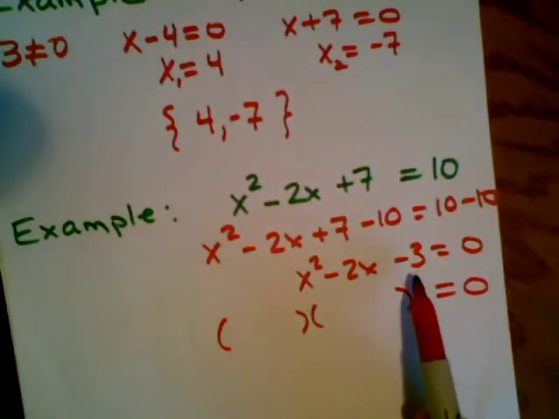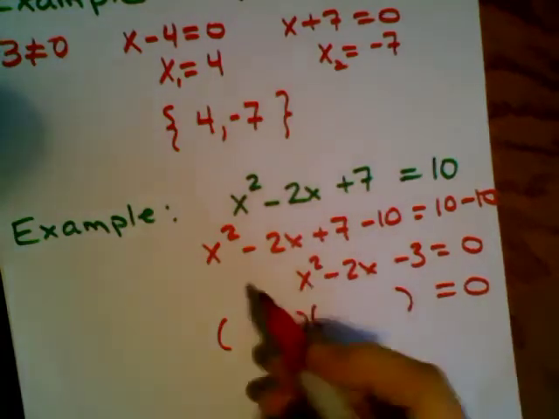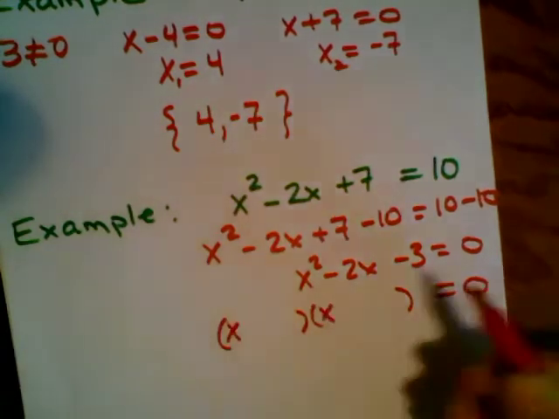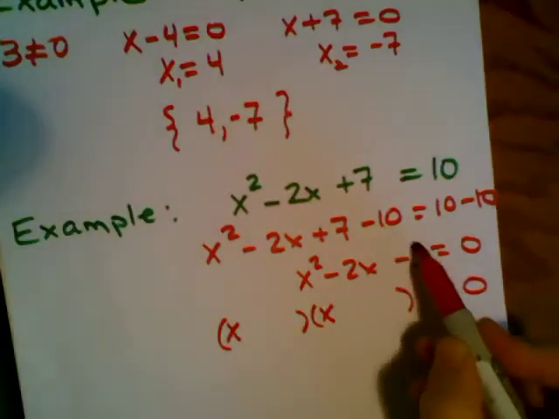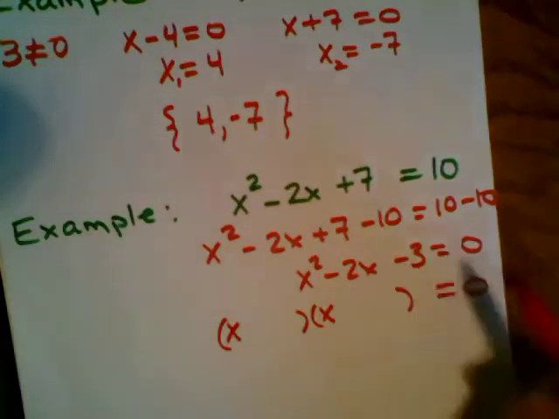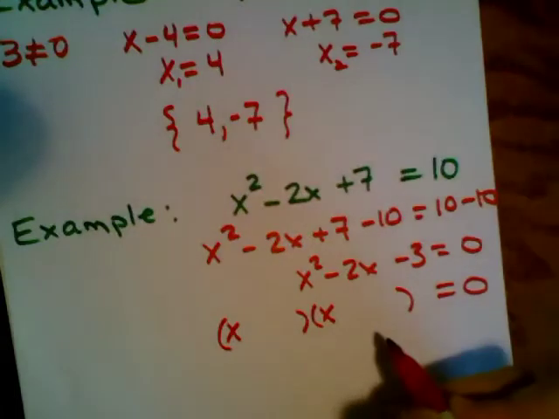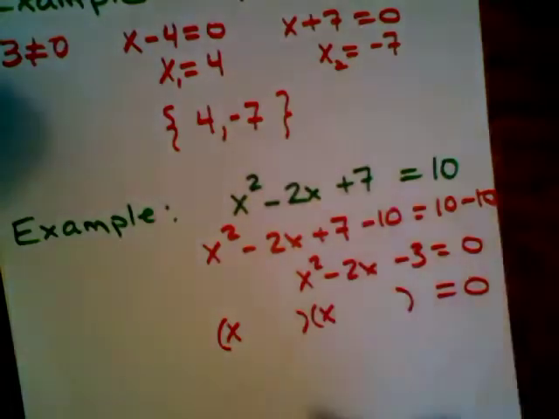But this equation in red will factor. Kind of the shortcut is that the leading term is x squared, so its linear factors will both begin with an x. The second step of the shortcut is to recognize that negative 3 can be factored two ways.